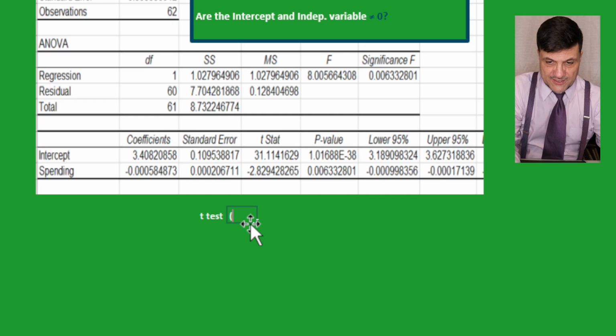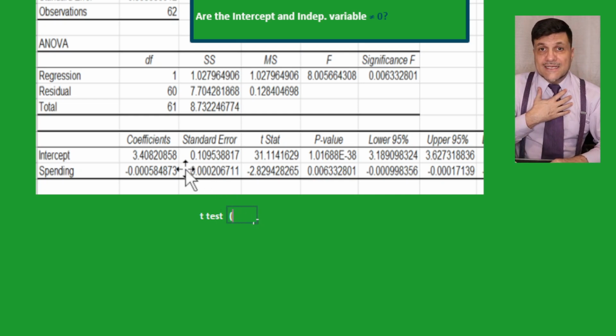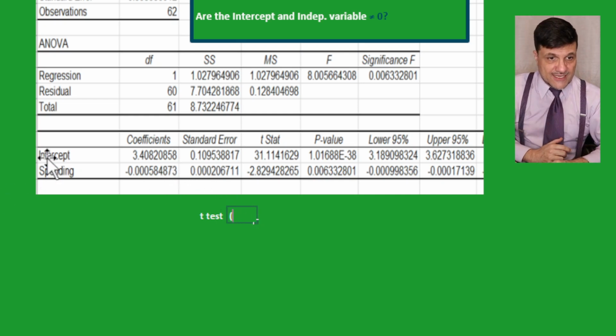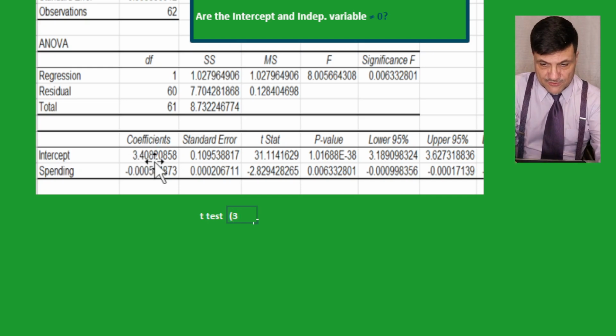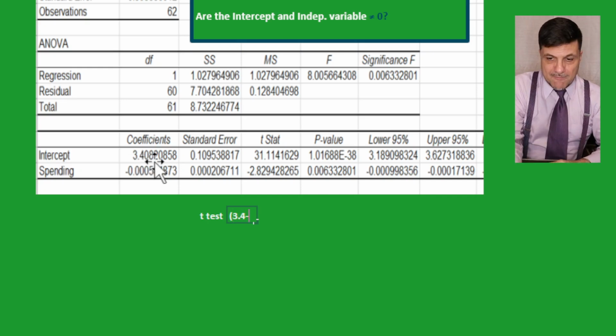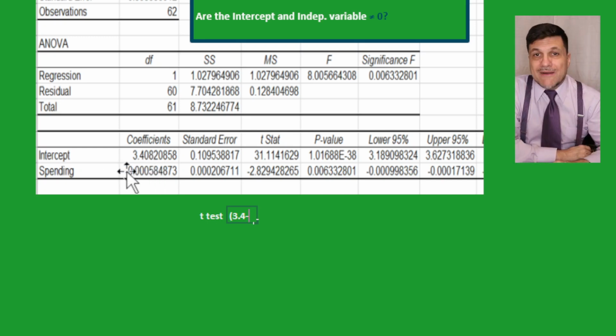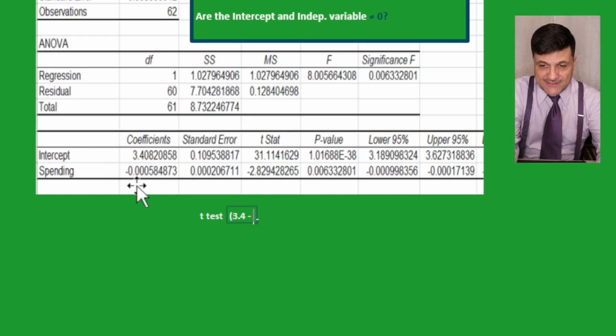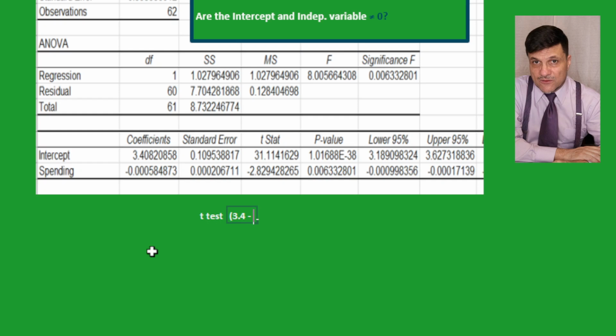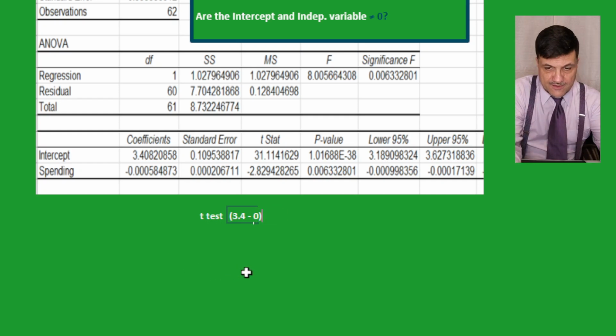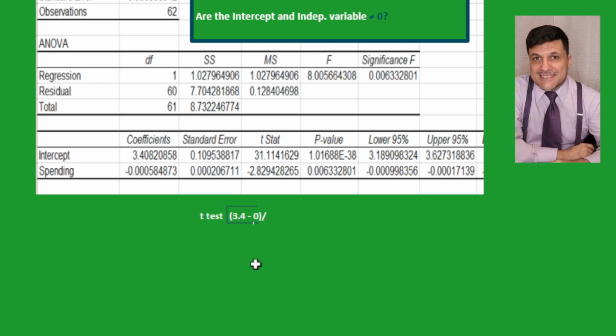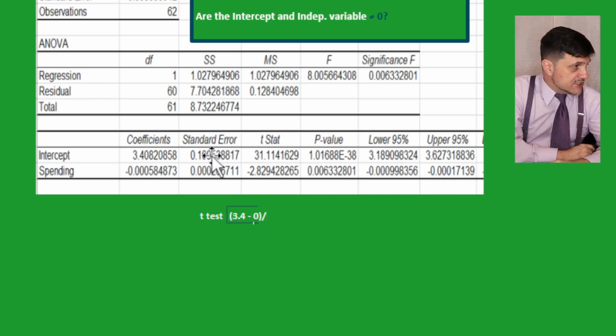So think with me here. Look at that. What is my expected value for the intercept? It's 3.408. I'm just going to round it. I'm going to put 3.4. Minus, what is the value of my hypothesis? Well, my hypothesis is that I want to test for zero. I want to reject that it is zero. So put a zero there. And then you're going to divide that by the standard error, which in this case is right there, 0.1095388817.